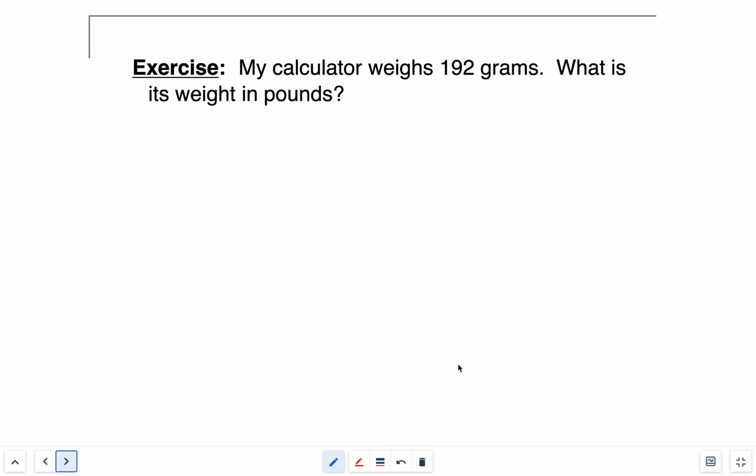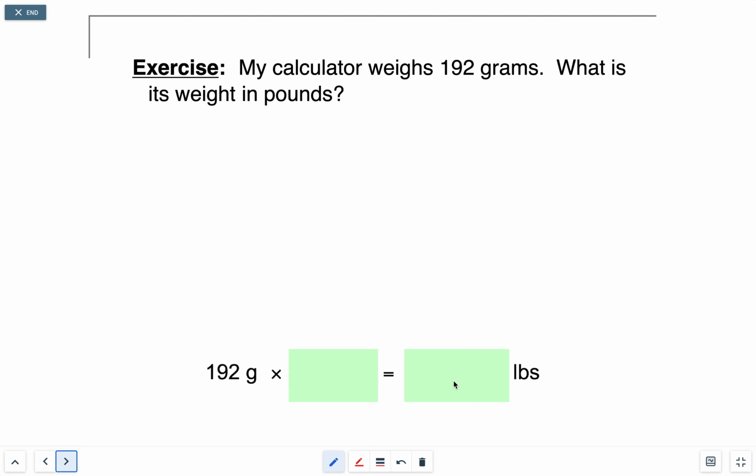All right, now let's look at a problem. Say your calculator weighs 192 grams and you're asked, what is its weight in pounds? Well, again, solving this using this procedure, you would start with your information that you're given, which is 192 grams. And then you would write, well, what is it I'm trying to solve for?